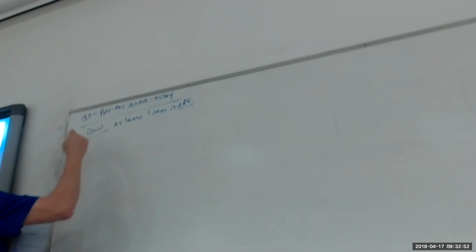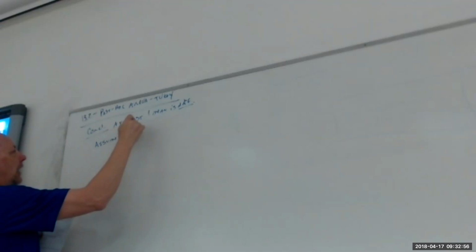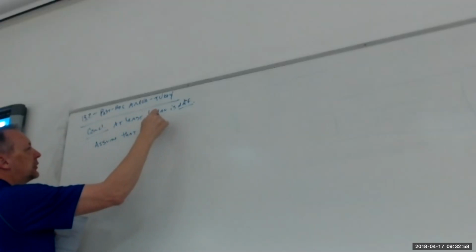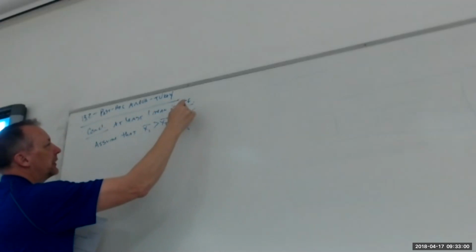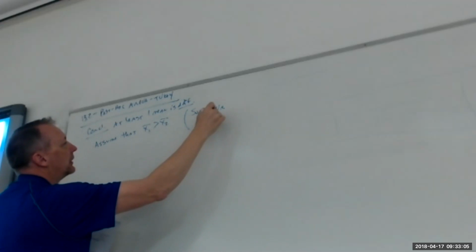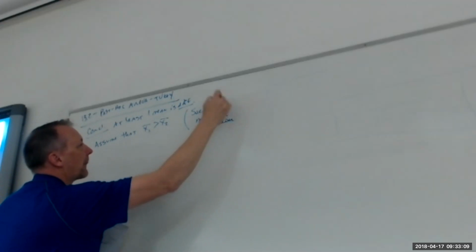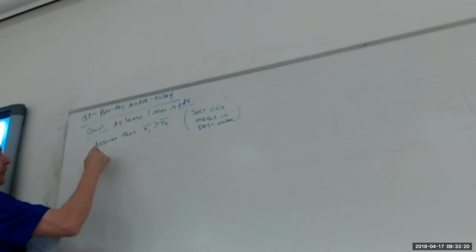So we're going to assume that x1 bar is greater than x2 bar, which means we're really going to need to sort our means in descending order. And we'll talk about that in just a minute more. Now, we're also going to find our critical value.